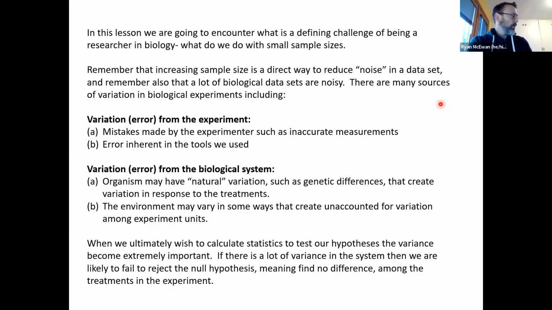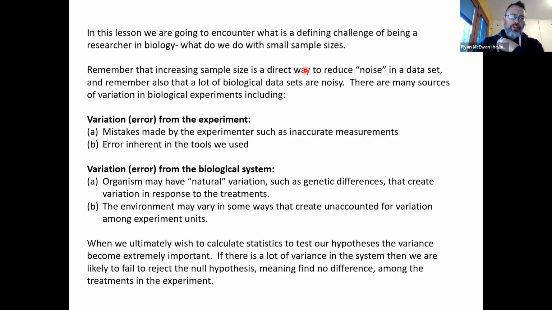If you use a ruler to measure something, the ruler is precise only down to whatever the smallest increment is on the ruler, for example. And how you apply that ruler might be different than the person, your neighbor.